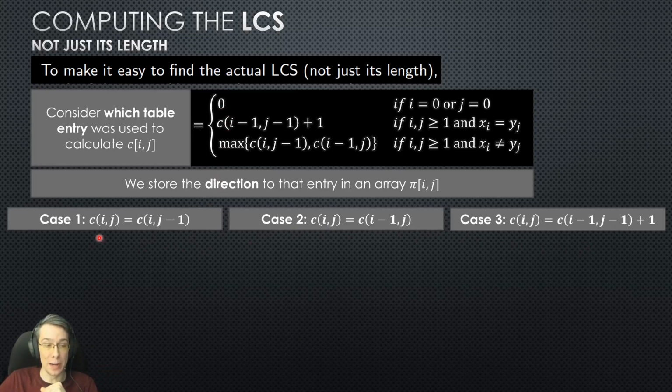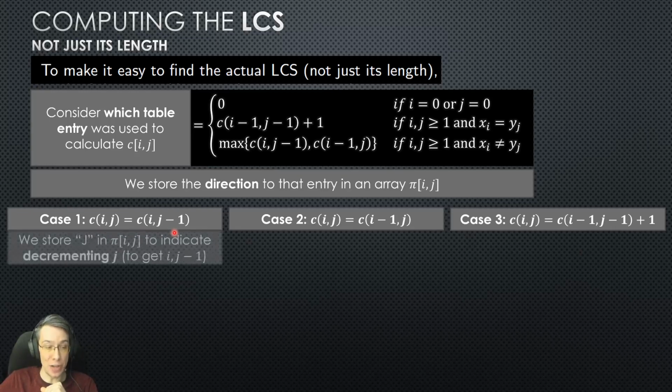So in case 1, where C[i,j] is C[i,j-1], what we're going to store in pi[i,j] is just a symbol. We're going to store, just as a string, the letter j. And that's going to tell us that to get to the predecessor entry in the table, we should subtract 1 from j.